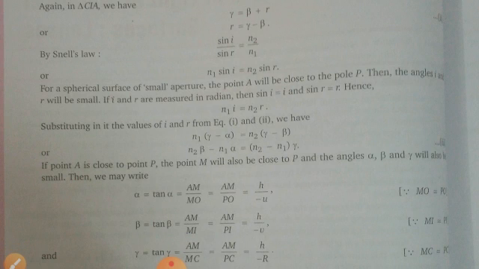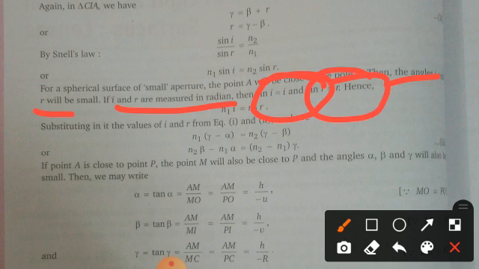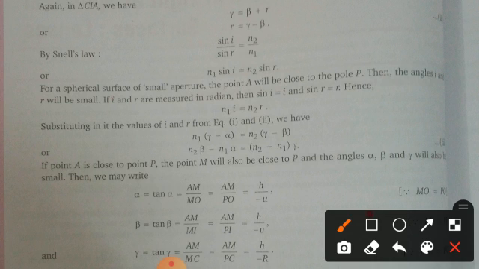The angle of incidence I and the refracted angle R will be very small. If I and R are measured in radians, then sin I equals I, and sin R equals R. So in place of sin I and sin R, we can write N1 I is equal to N2 R.